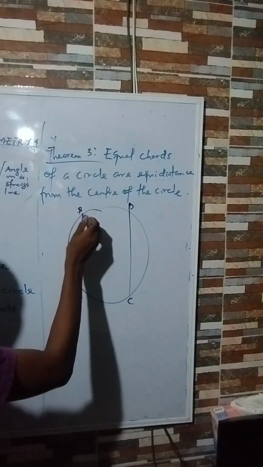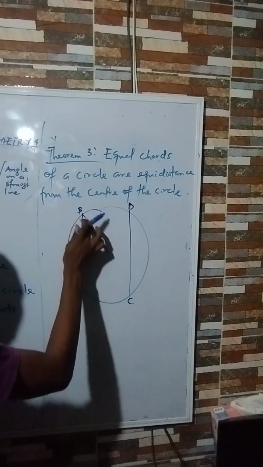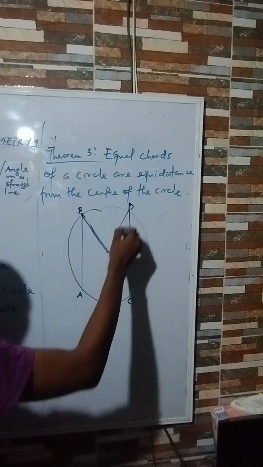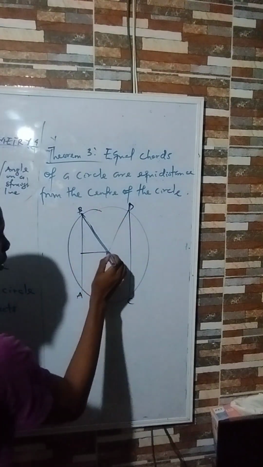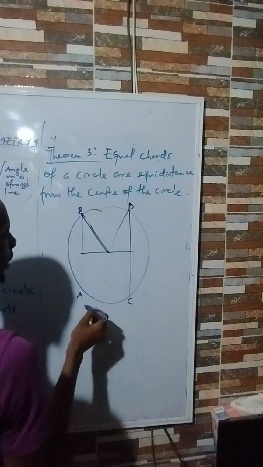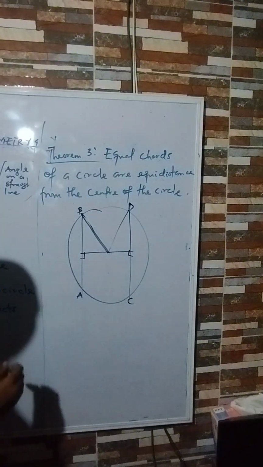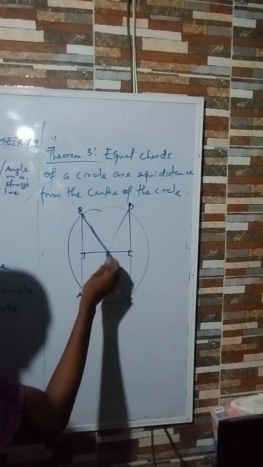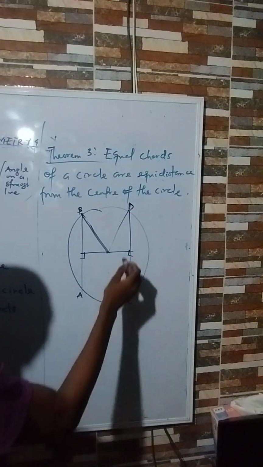So if we have here as our radius, let's connect this with this center. Let's call this one our radius here. We have here as our radius, and we also have this one here as another radius. Now, this point here, we have another point here. Definitely we should know that from our first theorem, a straight line drawn from the center of the circle to the midpoint of a chord is at right angle.